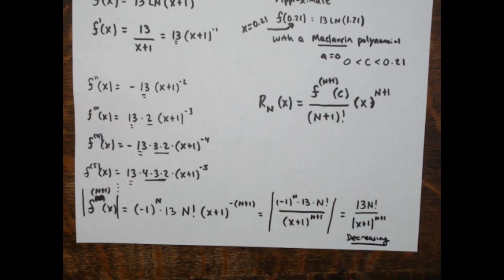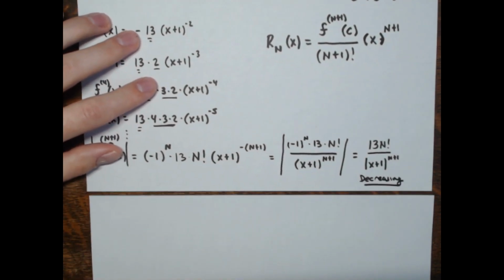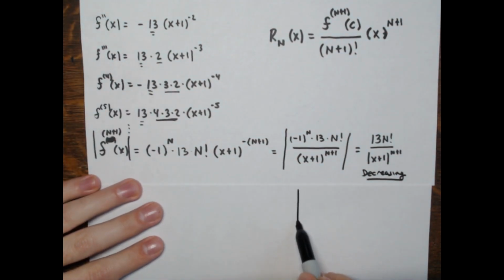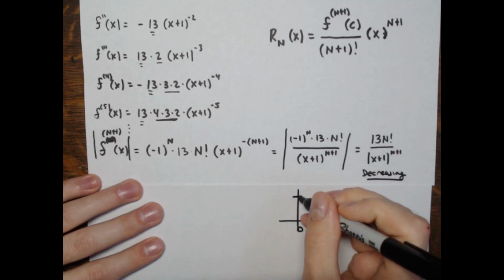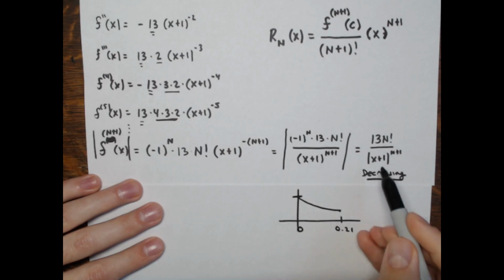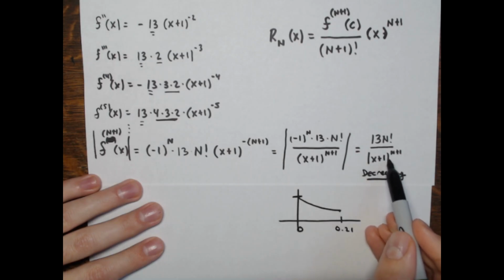And if you were to look at it from 0 to 0.21, we're talking about that interval. If you were to look at it from 0 to 0.21, it's decreasing. So the value that's highest in this interval has got to be at 0. And when x equals 0 here, you just have 1 in the denominator.